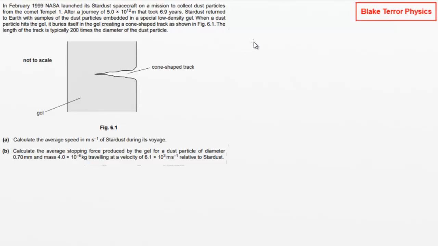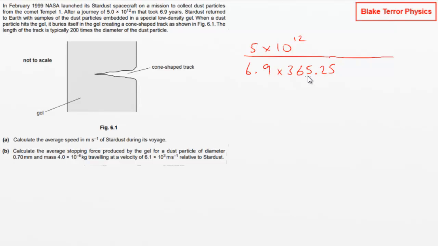So it's gone 5 times 10 to the 12 meters in 6.9 years. So 6.9 multiplied by, well, seconds in a year, 365.25, just to add in that quarter day.